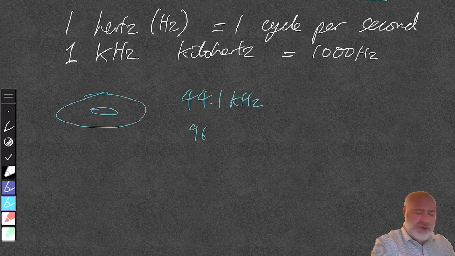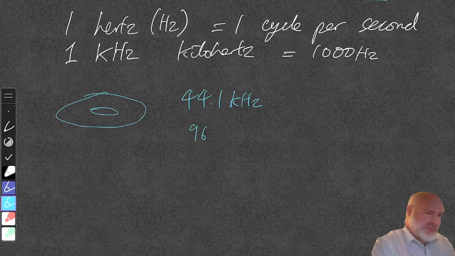So that 44.1 kilohertz would be how many samples are taken in 1 second, which is a lot better than my example. So that's why CDs sound good. It's because they can take so many snapshots of that analog signal that it's almost imperceptible.